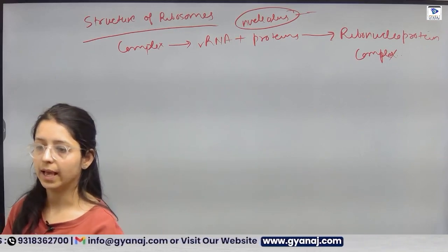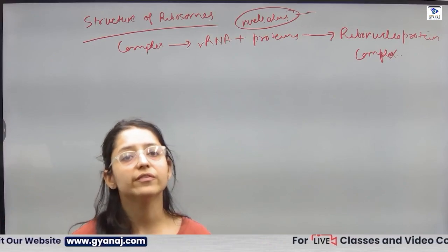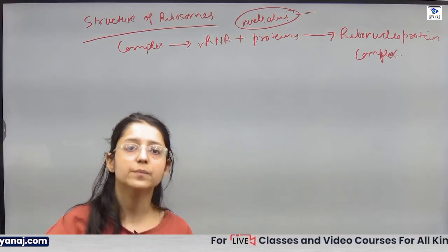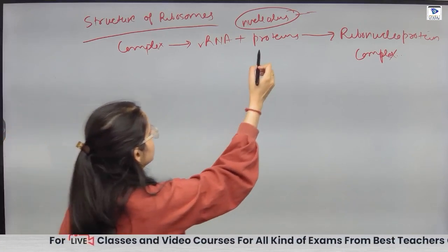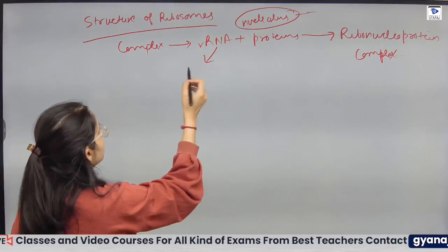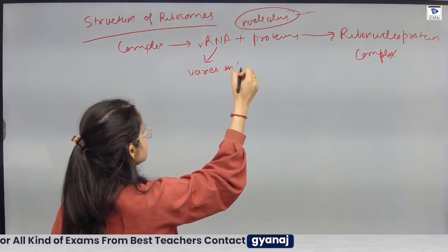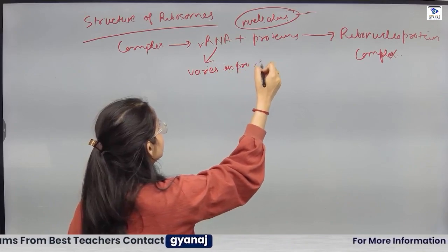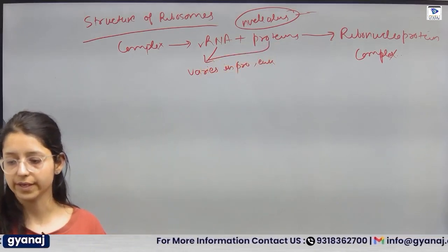The amount of RNA and protein varies in prokaryotic and eukaryotic cells, as well as the protein quantity.